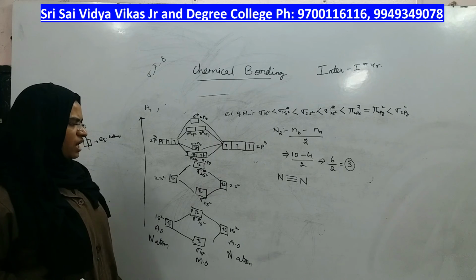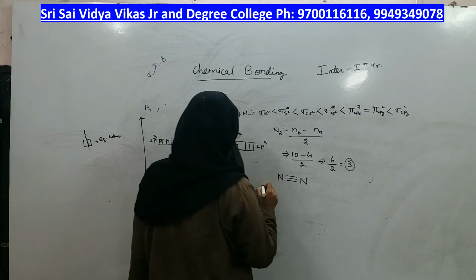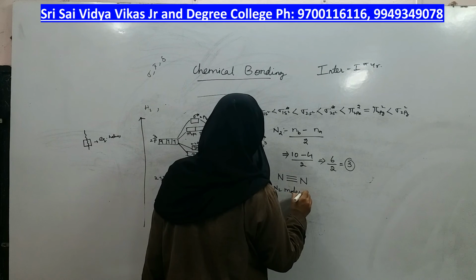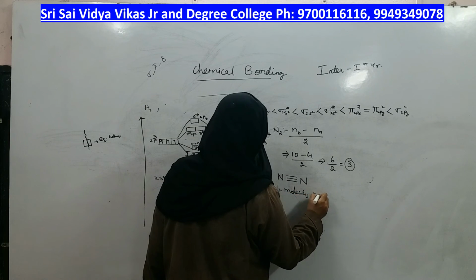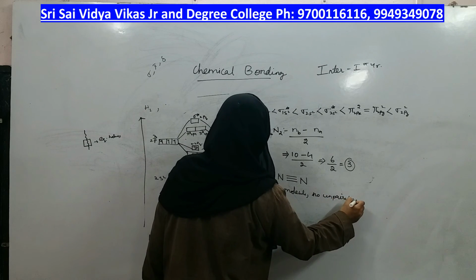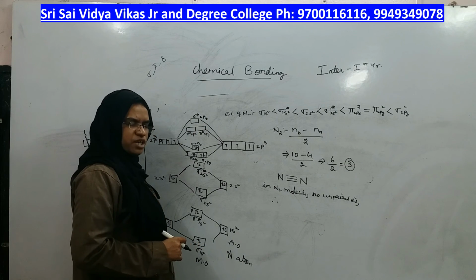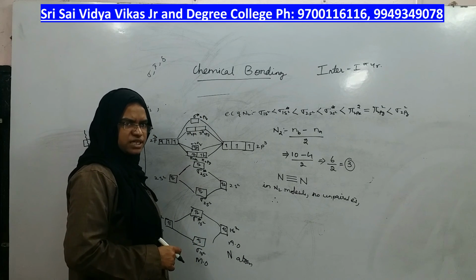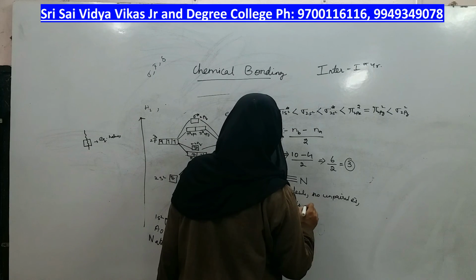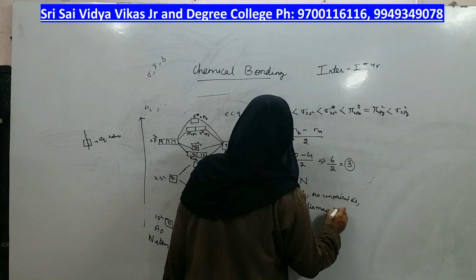That means there are no unpaired electrons present in nitrogen molecule. Therefore, if the unpaired electrons are absent, what is the nature of that substance? It is diamagnetic in nature. Therefore, nitrogen molecule is diamagnetic.